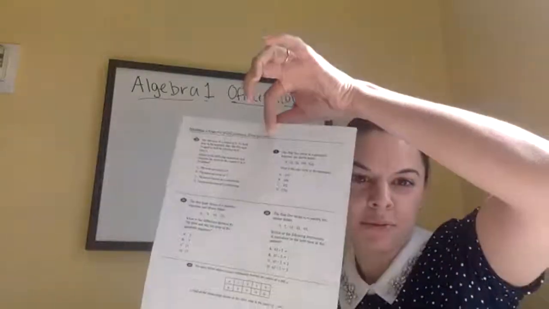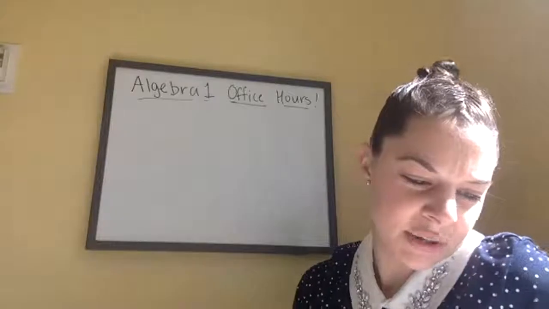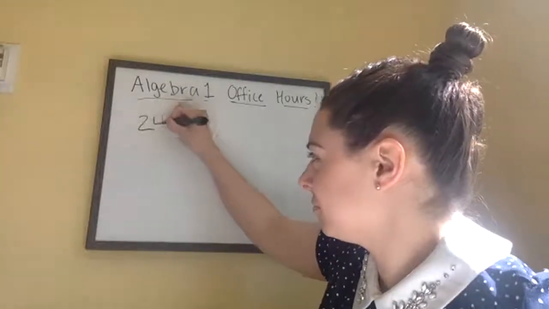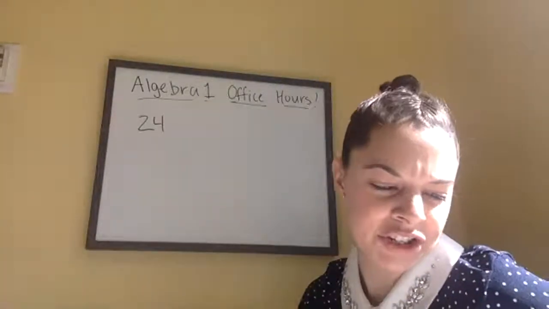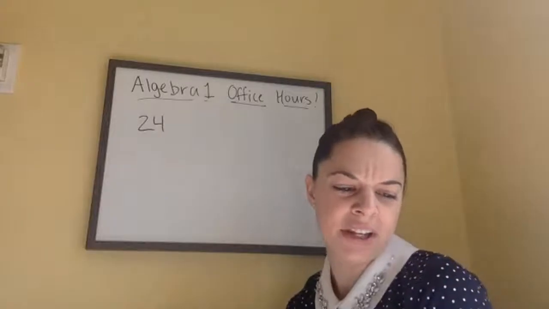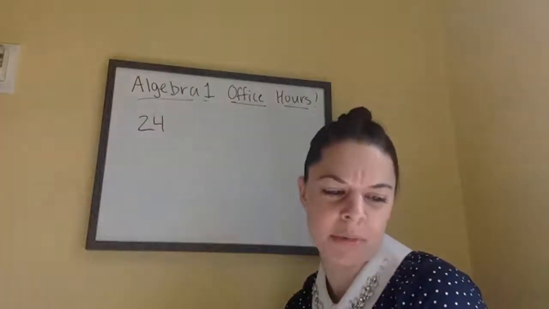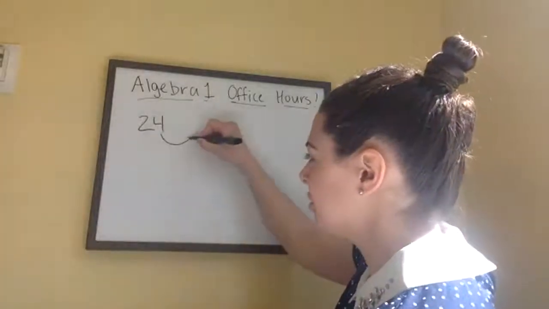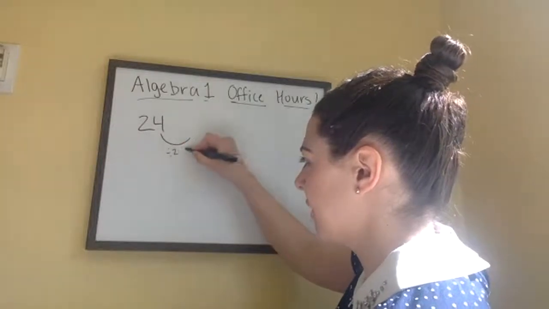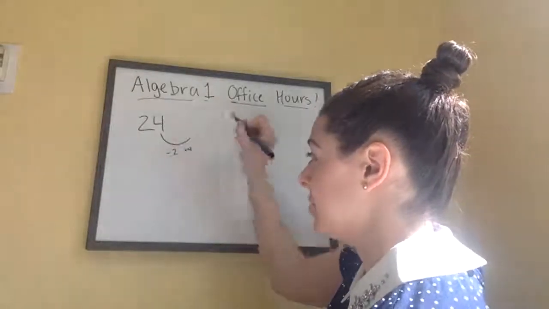It says the first term in a sequence is 24. Each term after the first term is equal to half of the previous term plus 4. So I'm going to divide by 2, and then add 4.